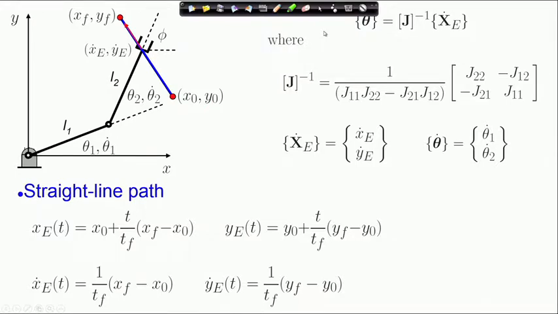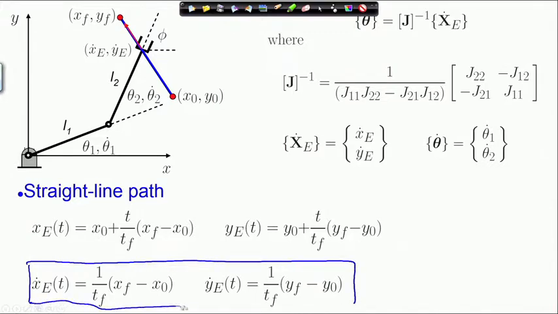So, if you differentiate this function, then you have the velocity expression. So, this is the velocity of the end effector point in the Cartesian coordinate, in the ground based Cartesian coordinate system. So, this is the velocity that we are going to use.